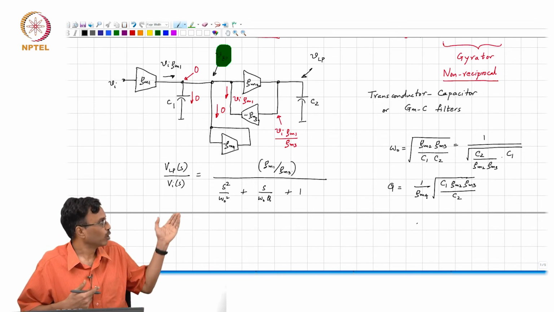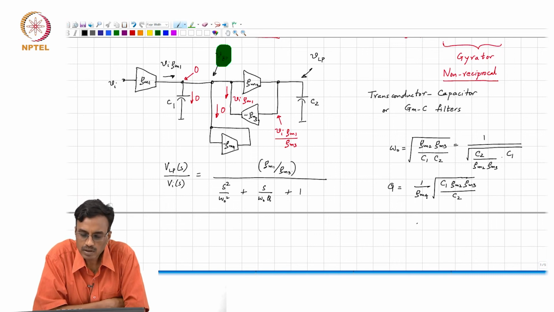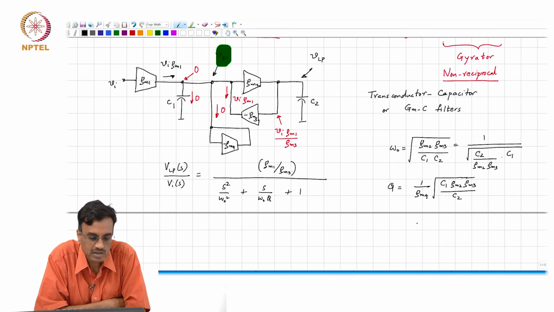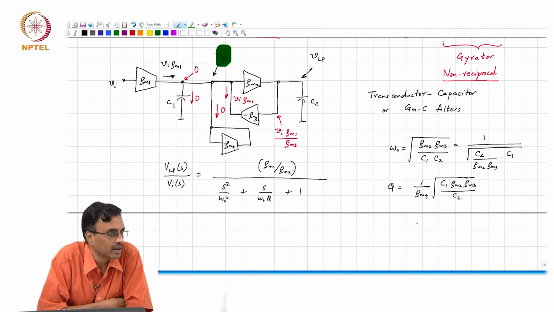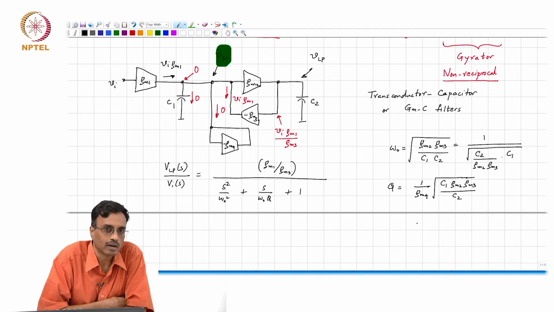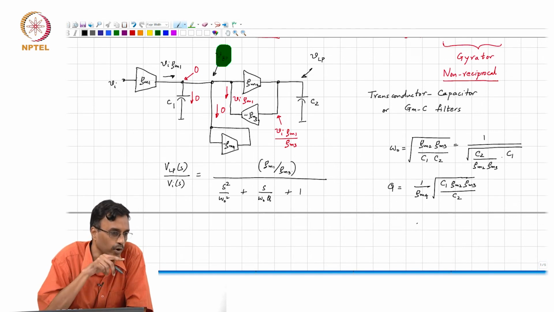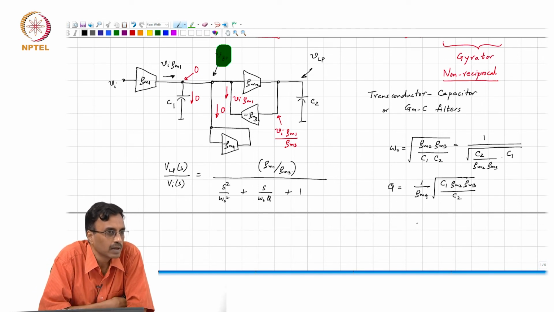And likewise, you can calculate the band pass transfer function. A couple of observations that I would like to draw your attention to. When we talked about the active RC biquad, what comment did we make about its input impedance? It was a resistor, correct? There was a resistor going into the virtual ground of the integrator. What is the output impedance?